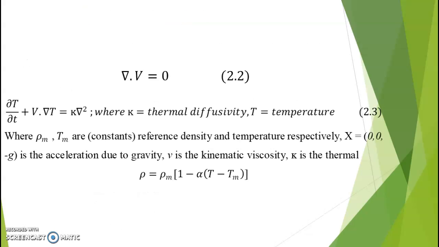Meanwhile, in 2.3 below, we can see the temperature equals temperature M in brackets, 1 minus alpha in brackets T minus Tm. That is the given equation.